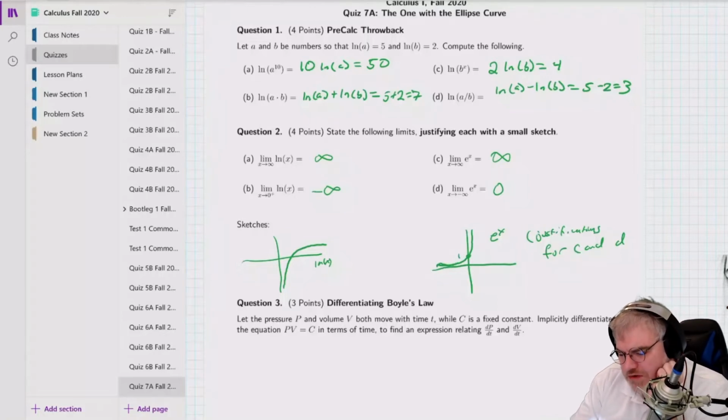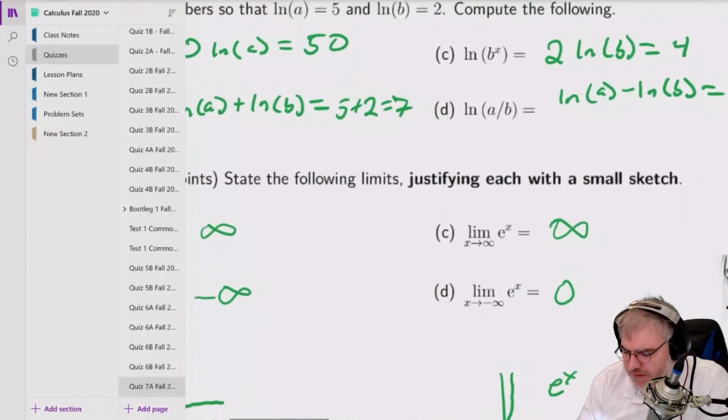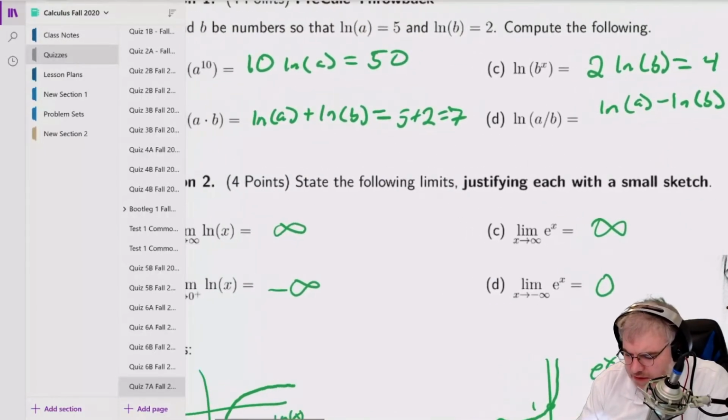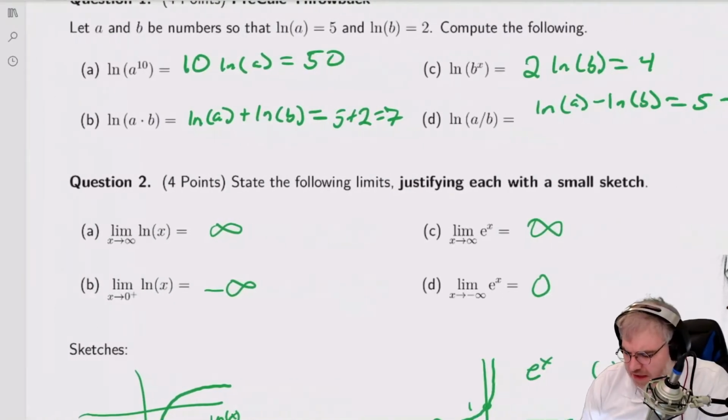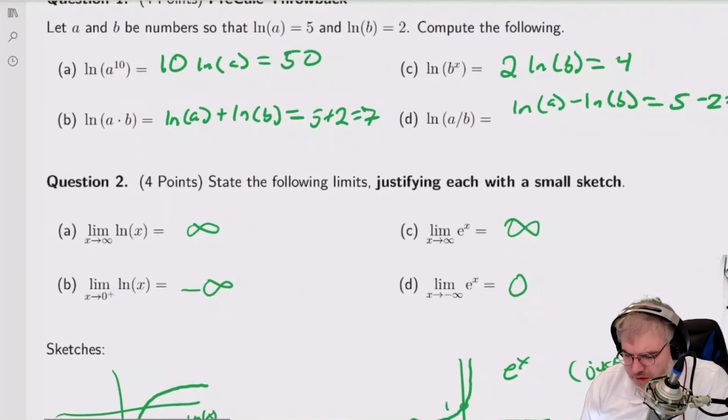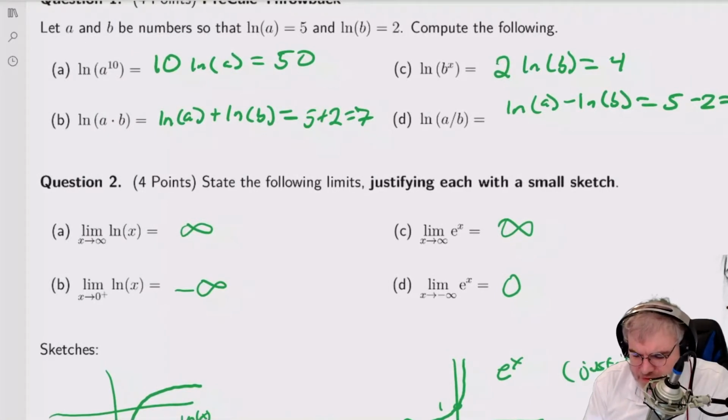All right, so this first problem, again, these are kind of reviews from Precalc. I didn't exactly pull these from the Precalc book, but they're similar to ones that you were asked in Smart Lab last semester about these things. So I've got a to the 10th, and I know that the log of a is 5, and I know that the log of b is 2.